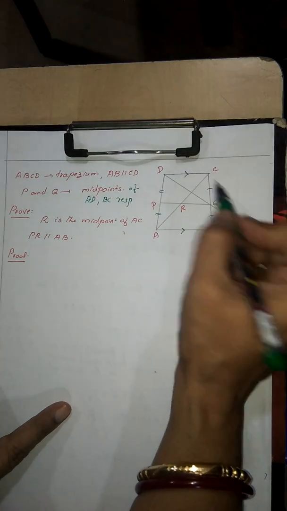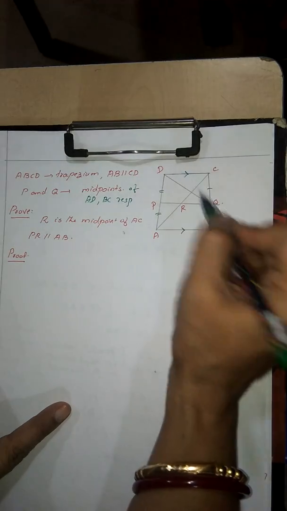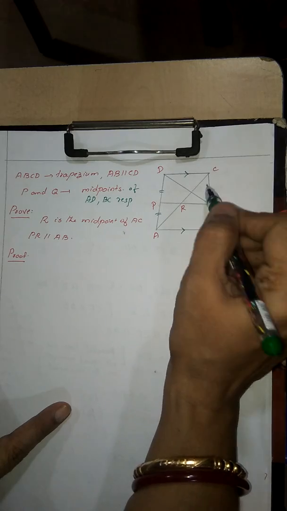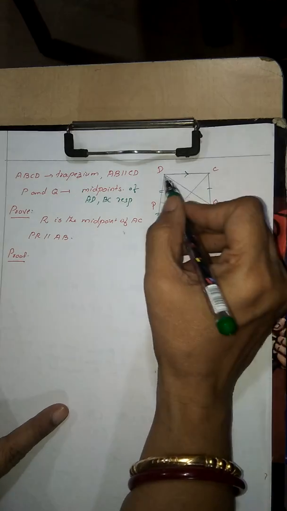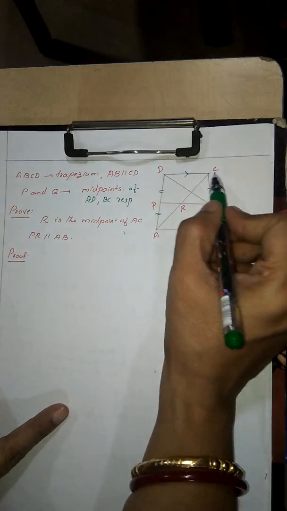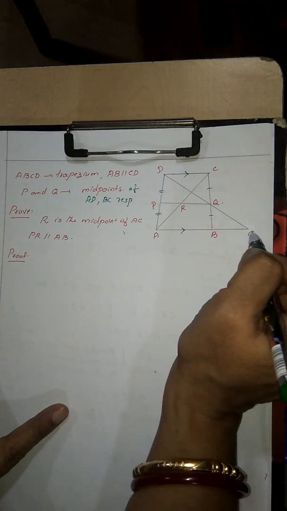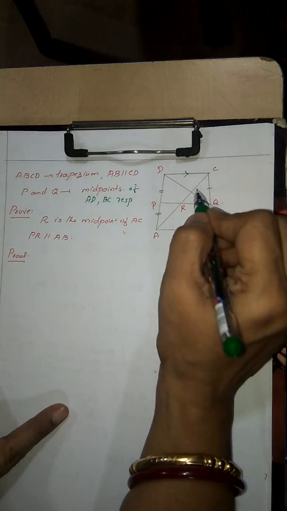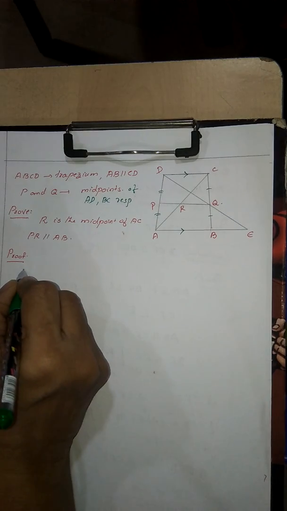So we have these are parallel and these two sides are equal. So we will consider the triangle CDQ and triangle BEQ. These two triangles we will consider.